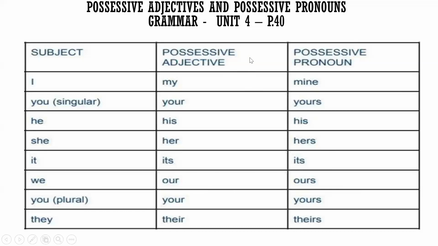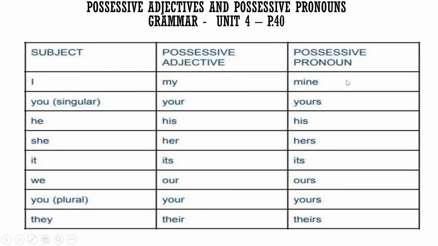We have two other things about possessive adjectives and possessive pronouns. Okay, so we're not going to explain these here, but you should know them. From subject to possessive adjective to possessive pronouns, it goes like this.